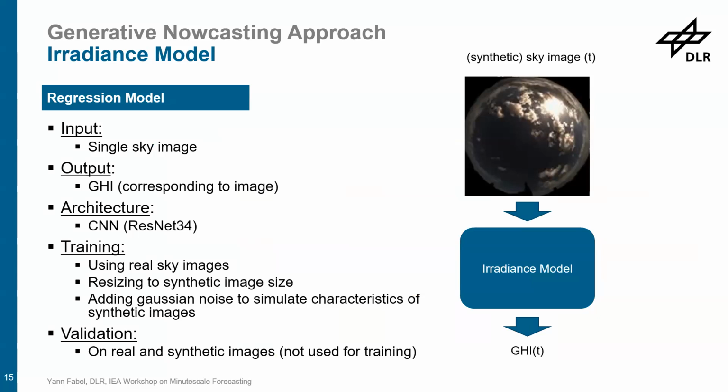And we process each of these synthetic images individually. But for training, we're actually using real images. We try to simulate the characteristics of the synthetic images by resizing them to the same size and adding some noise. We train on real images, and for the validation, we use real as well as synthetic images.